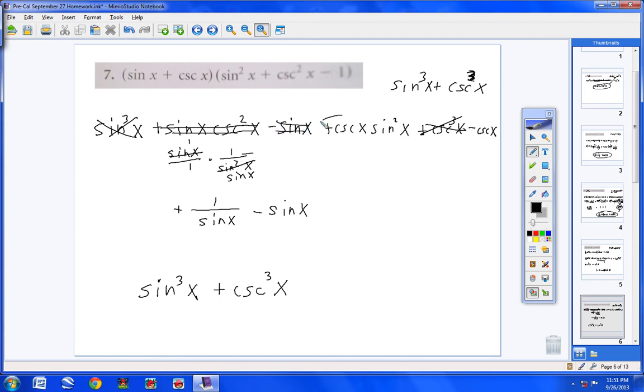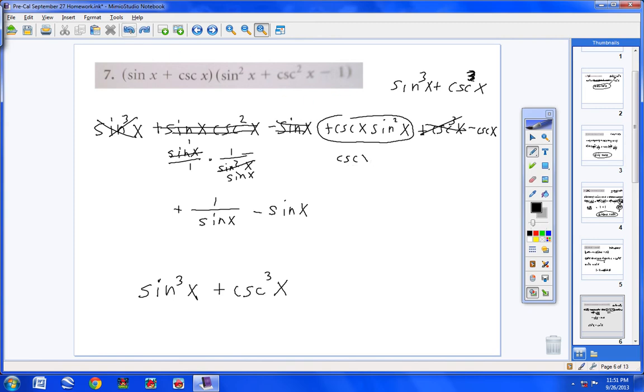Now let's take a look at this term. Now I'm thinking here for a second. Hold on. For cosecant, I could just leave it cosecant. And then for sine squared, I could put 1 over. I don't know if I really want to do that, to be honest.